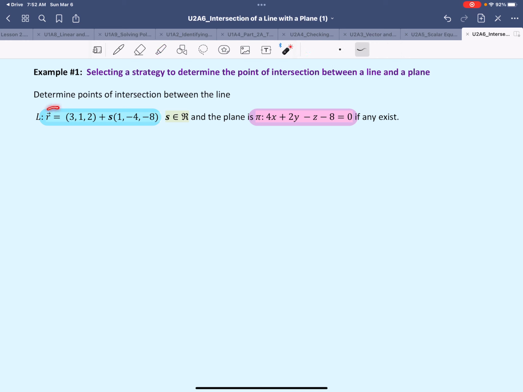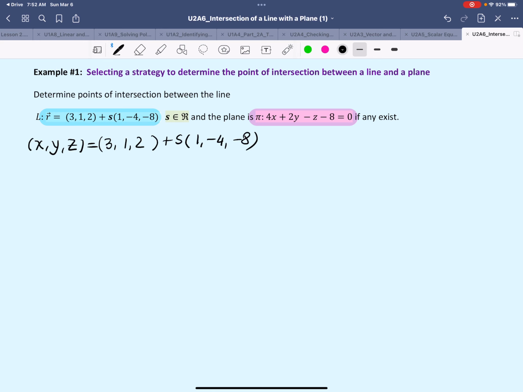Now remember that any point on this line can be the intersection point if that exists. So first we're going to derive the coordinates of any point on this line. For this, we write the coordinates x, y, and z of any point equals (3, 1, 2) plus s times (1, -4, -8).